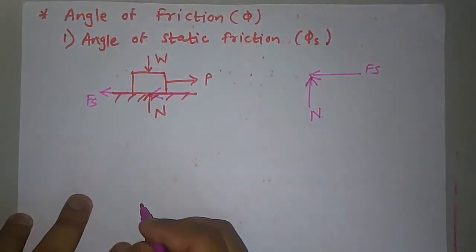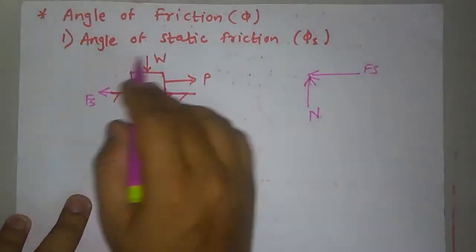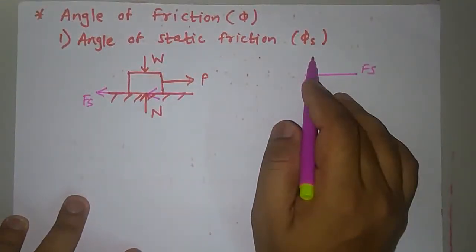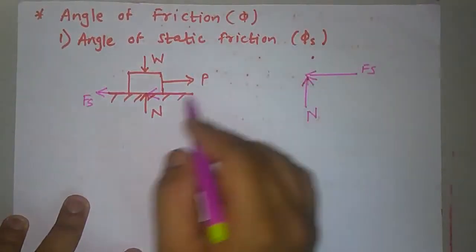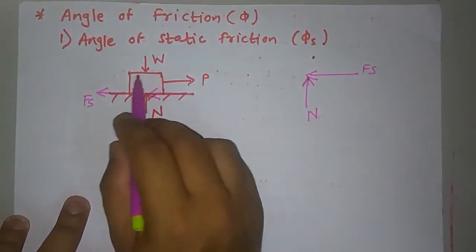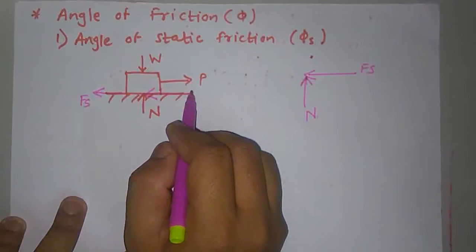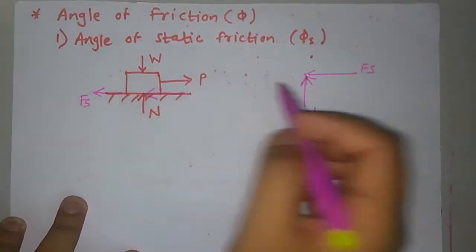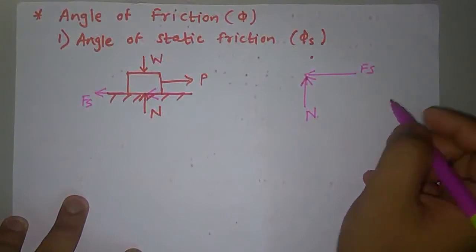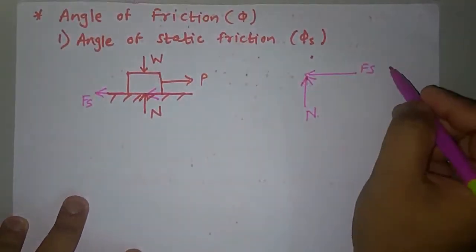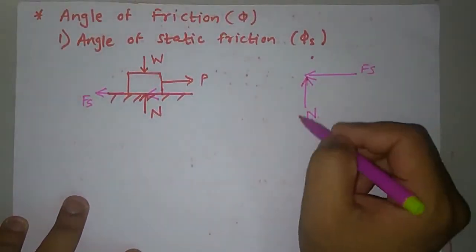So what is angle of static friction? For the static motion, that is for the impending motion, means when the block is just about to start to move, the angle between normal reaction and resultant is called the angle of static friction. Now what is resultant? Here it is friction force, and here it is normal.